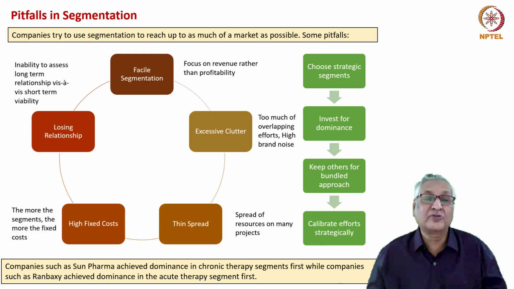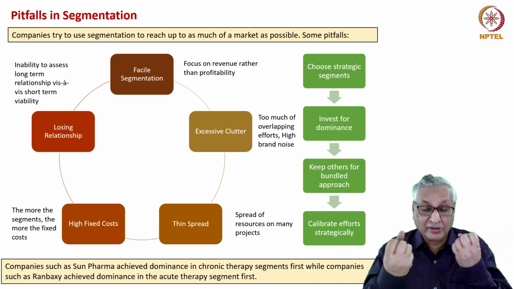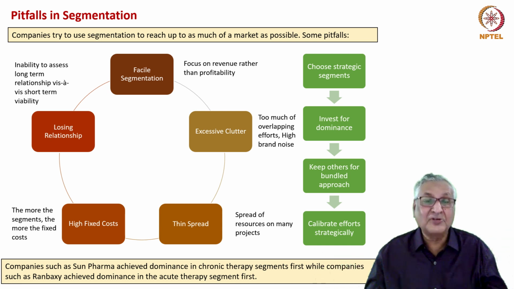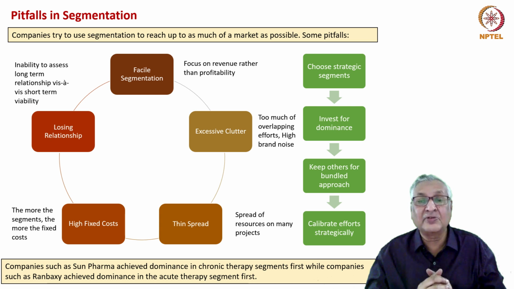The first is facile segmentation, that is, we focus on revenue rather than profitability. The assumption made is that when you look at the market as a large container, many customers are sieved out of that large band because we haven't looked at them very seriously, very intensely, and very directly.